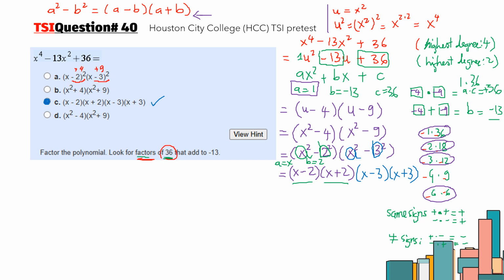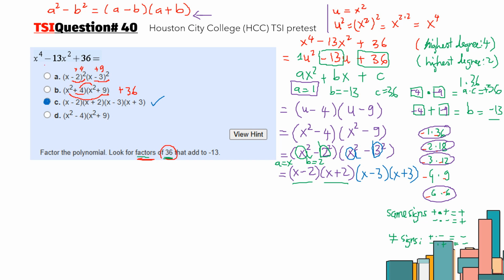Now for B, look at this. If you distribute this 4 and 9, you get a positive 36, but see that also when you distribute this one, it makes it positive 13. It's not negative. So all of the numbers here are positive.